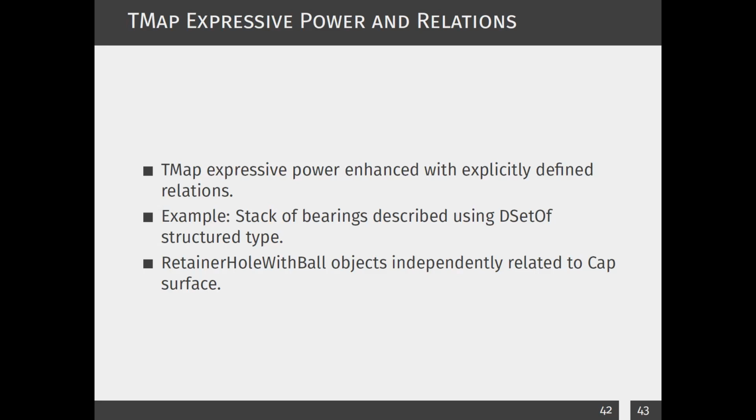So the TMAP's expressive power is enhanced with explicitly defined relations. If you look at a stack of bearings, you can describe it using a set of structure types. And then you can use a retainer hole with a ball object independently related to the cap housing. So this is another way that you can independently define the relations.